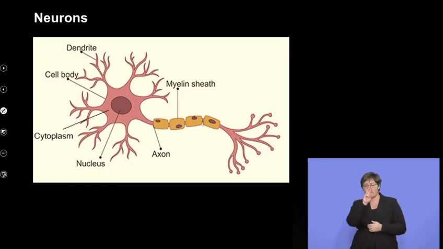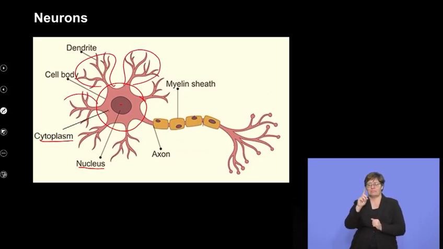But let's have a look. This is a typical neuron. You can see this part here. This is the cell body, right? So that little dark thing there will be the nucleus. You know that's where the DNA is. This will be the cytoplasm. And then you have these little protrusions out here, like that. We call them the dendrites, right?